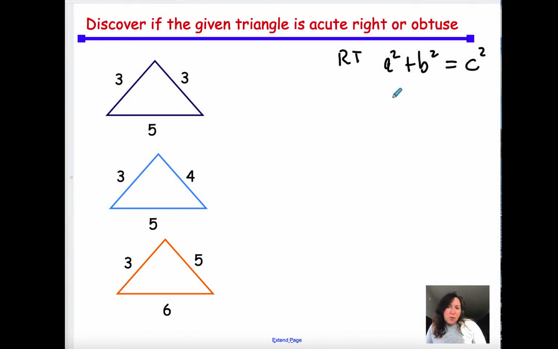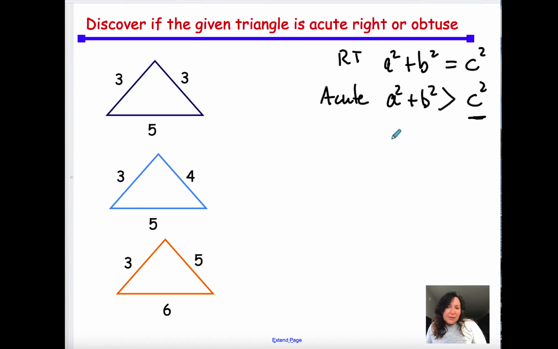However, if a squared plus b squared is greater than c squared, that is actually going to be acute. I know it sounds odd, because we're reading it a squared plus b squared is greater than, and you think, oh, that's obtuse. But they want you to read it this way: c squared is less than the sum, then it's acute.